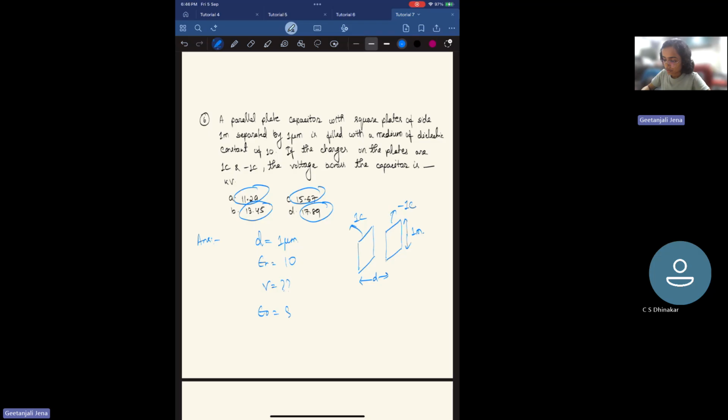Take epsilon 0; if you don't recall, it is 8.85 into 10 to the minus 12.